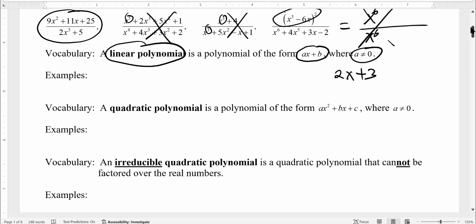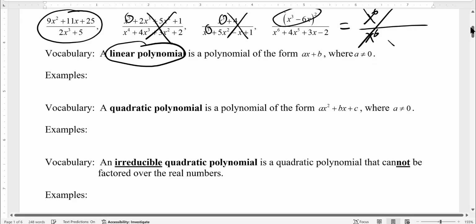And why is that called a linear polynomial? Throw a y in front of there, and you know that when you graph it, you're going to get a line. That's why it's called a linear polynomial. A quadratic polynomial, as I imagine you know, is a polynomial basically where the highest power is 2.